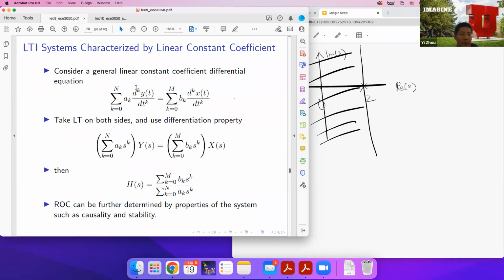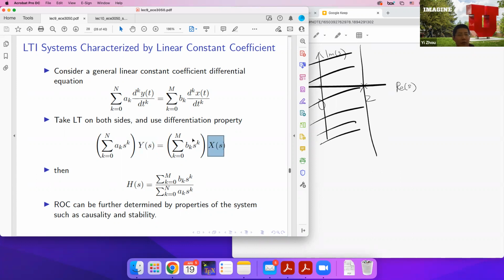The idea is to take a Laplace transform on both sides, leveraging the differentiation property. These higher order derivatives become s to the power of k, where k is the order of the derivative, times Y(s). On the right-hand side, you have the same thing times X(s). And then the system response is H equals capital Y over capital X.